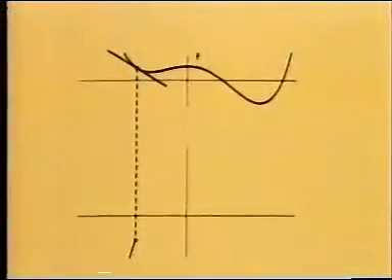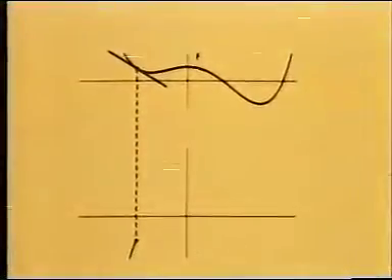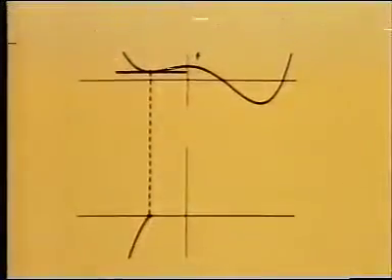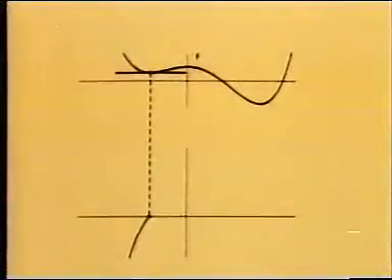In this region, the function is decreasing. Its tangent line has a negative slope. So the derivative is negative, and the graph of the derived function is below the x-axis. Here the tangent line is horizontal. It has 0 slope, and so the graph of the derived function intersects the x-axis.